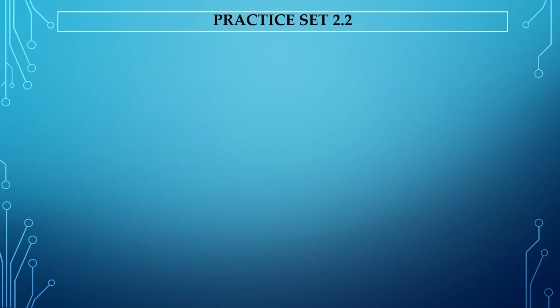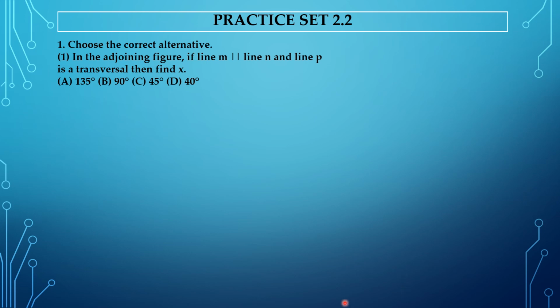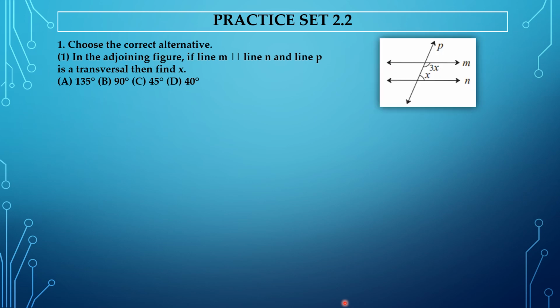Now students, what is given in the first question? Choose the correct alternative. In the adjoining figure, if line M is parallel to line N and line P is a transversal, then find x. Can you see this figure?